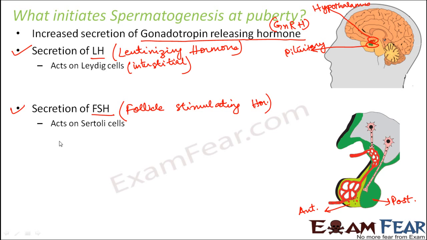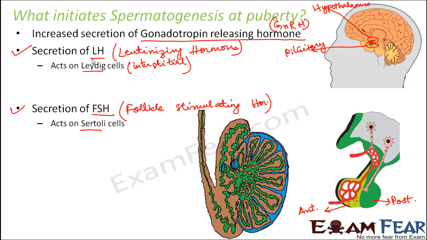And the FSH hormone acts on the Sertoli cells. These Sertoli cells also form the inner lining of the seminiferous tubules. They provide nourishment to the male germ cells which produce sperms. So LH acts on Leydig cells and FSH acts on Sertoli cells.